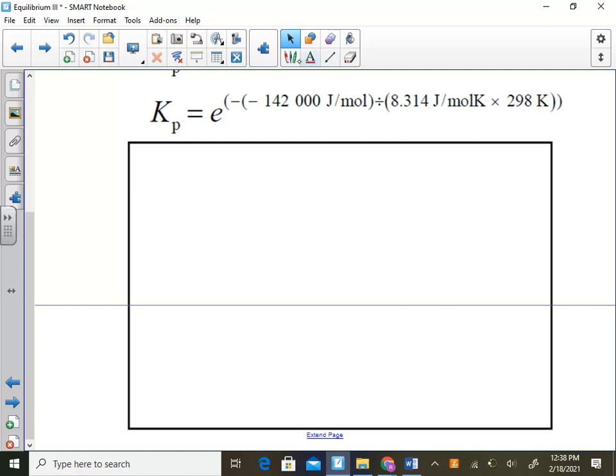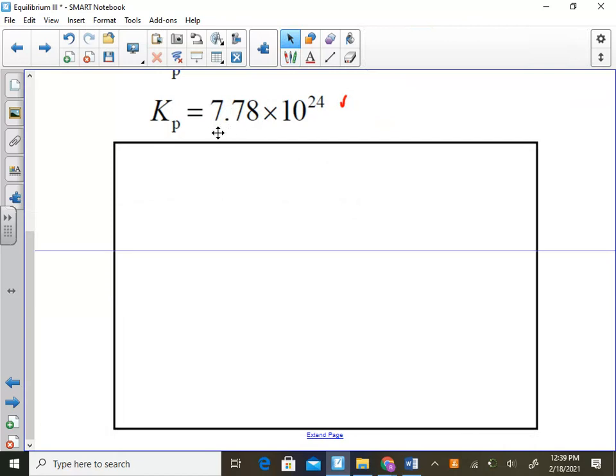So all of this is in the denominator, and this is in the numerator. And when we multiply and divide these two numbers, and again, pay attention to these negative signs, we're going to end up with a positive number for this whole thing.